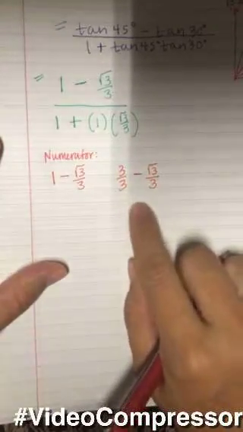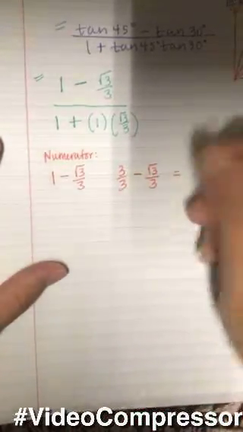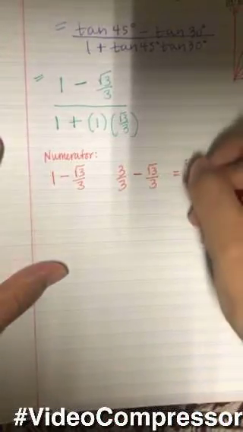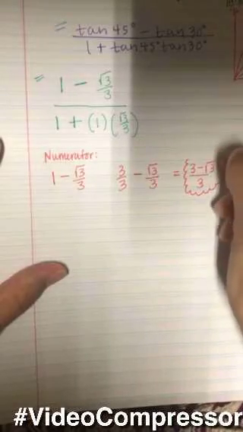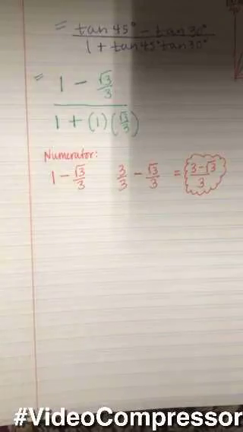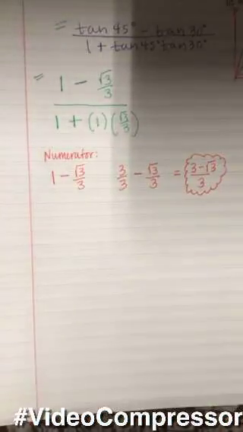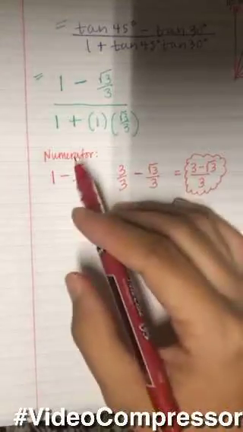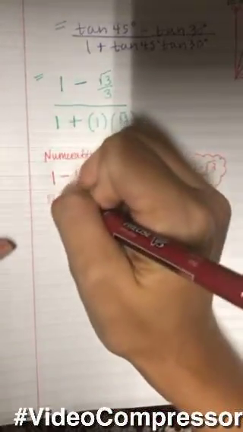Since now it's the same denominator, I'm going to rewrite the top and write it over one denominator, 3. I'm going to put a little bubble around it. Now that's not my answer, that's just the numerator. That's the simplified version for that. So now let me look at the denominator.